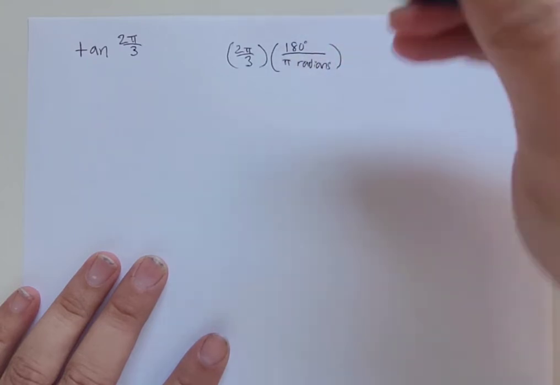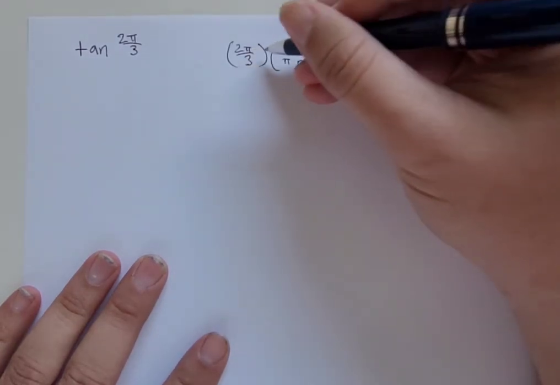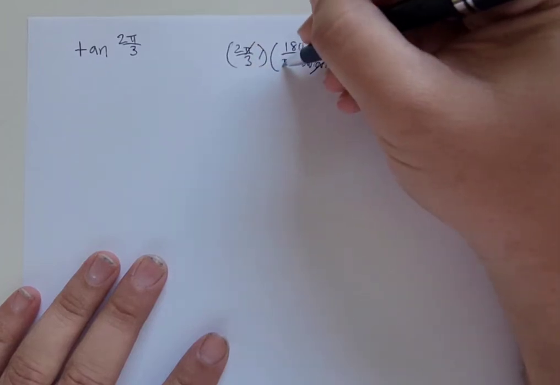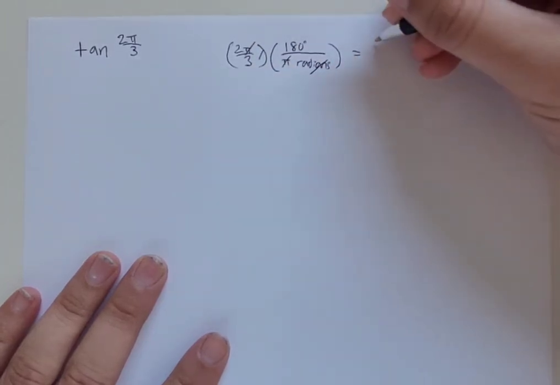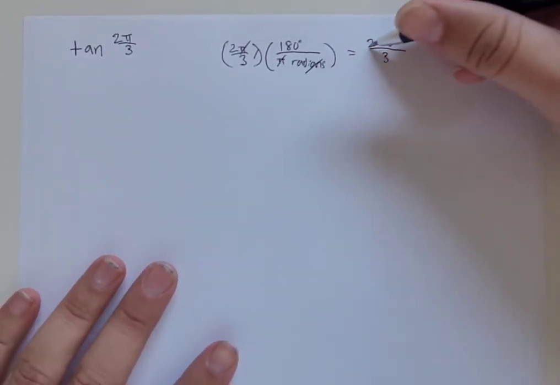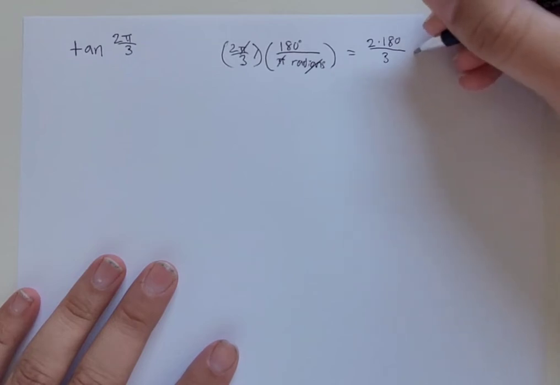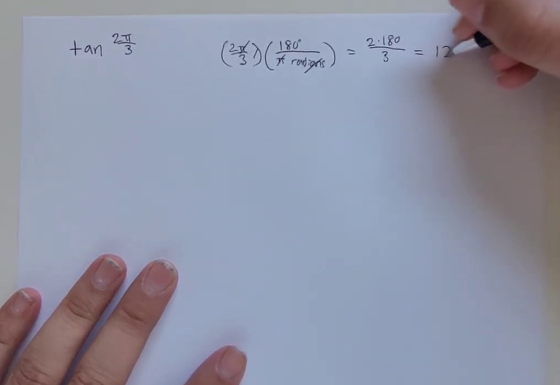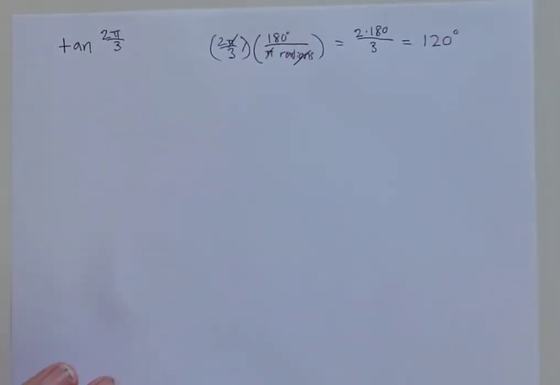And remember, I want radians in the denominator so that they cancel out. And then my pi's cancel out, so now I'm left with 2 times 180 over 3. 2 times 180 gives me 360, and then 360 divided by 3 is going to give me 120 degrees.